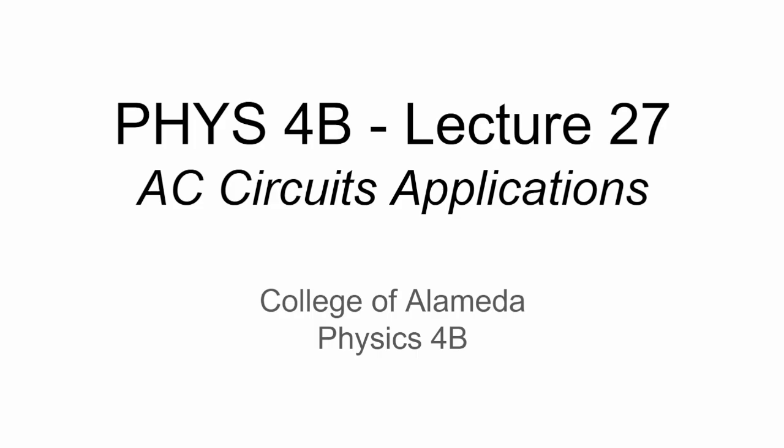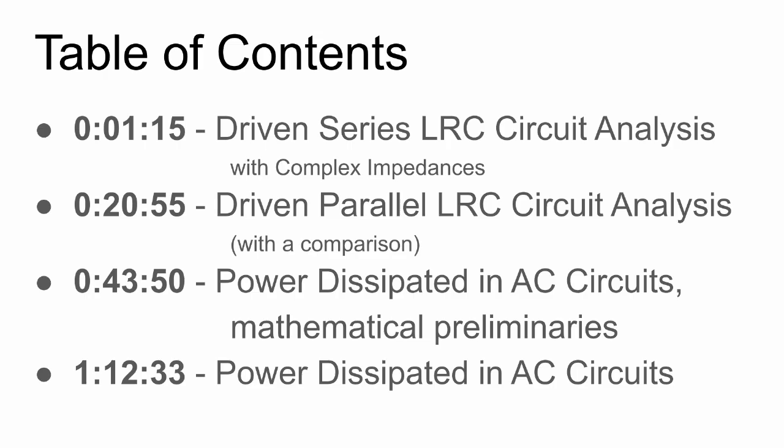In this lecture, we demonstrate some applications of driven AC circuits. We demonstrate the usefulness of the complex impedances we introduced in the last lecture by using them to analyze the series LRC circuit, also done in the textbook with phasor impedances, as well as a version of the LRC circuit with the inductor and the capacitor in parallel, which is not done in the textbook due to the limitations in applying phasor impedances.